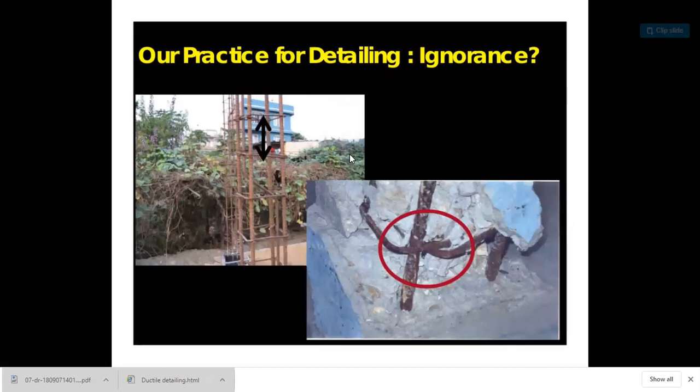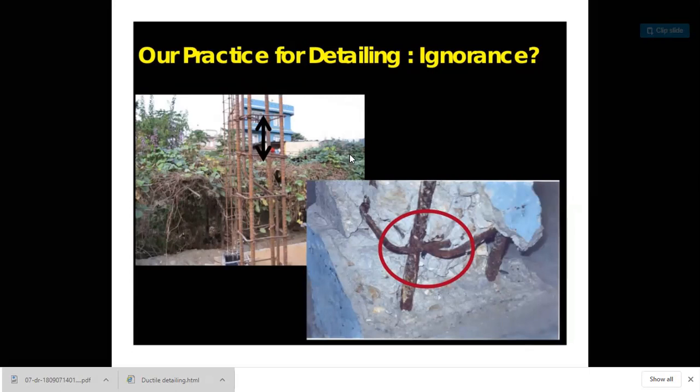With the red color circle they have shown, in this first picture they have marked the horizontal spacing between these two bars.